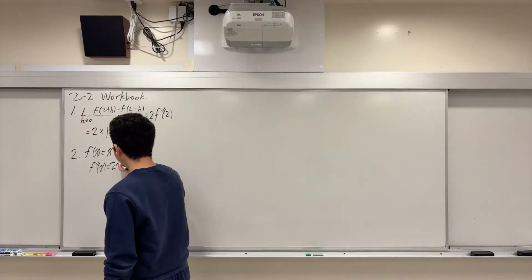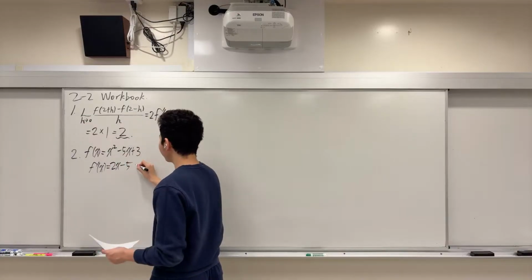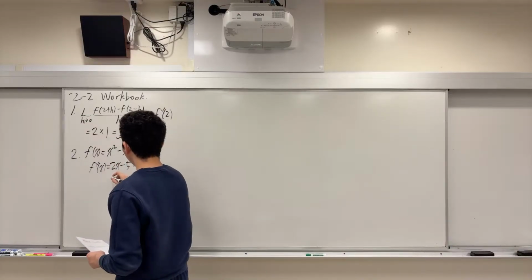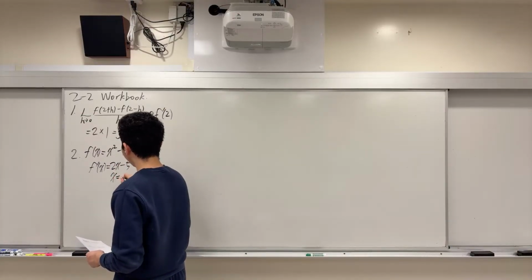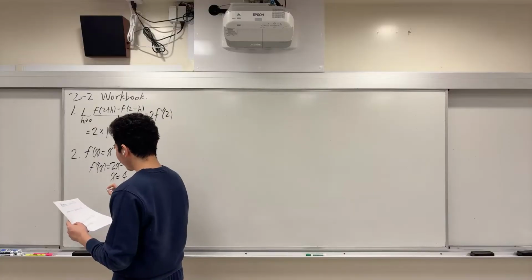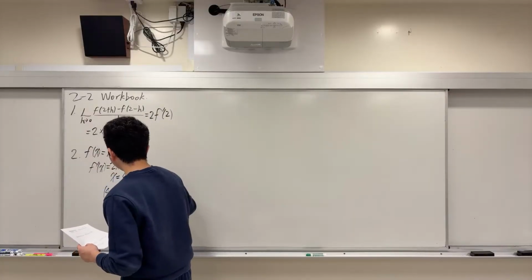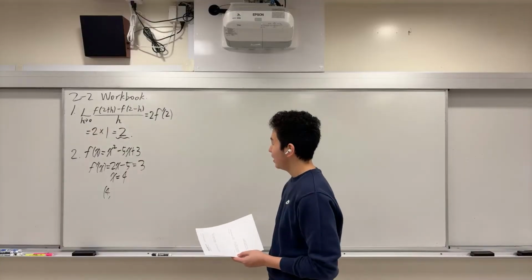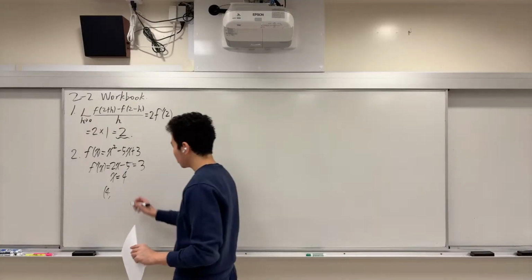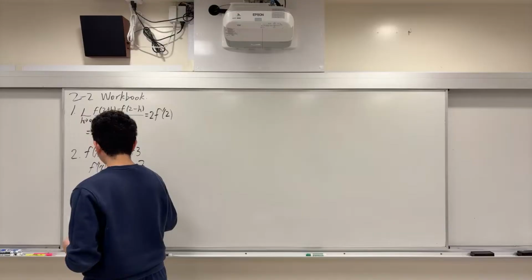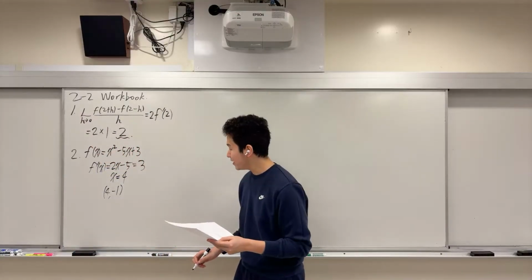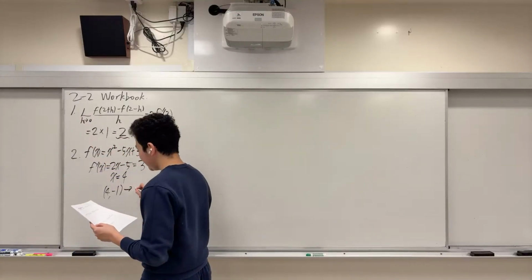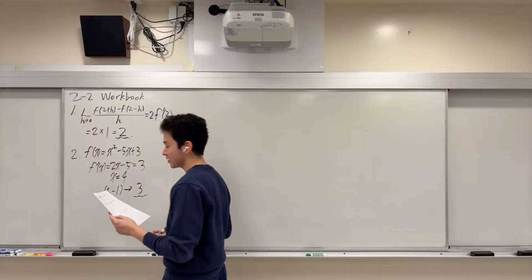That would be 2x minus 5, and we need to set that equal to 3. So 2x equals 8, x equals 4, and your point is 4 comma, and we need to plug this back into the original function. So that's 16 minus 20 plus 3, which should be negative 1. So we have a equals 4 and b equals negative 1. So a plus b should be 3, and that would be your answer.